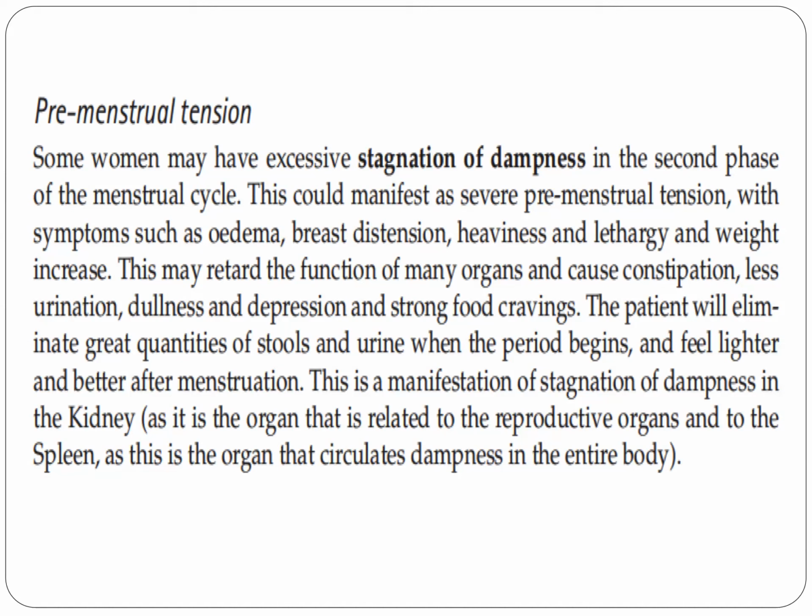Okay? The patient will eliminate great quantities, marami, of stools and urine when the period begins and feel lighter and better after menstruation. Okay. This is a manifestation of stagnation of dampness in the kidney, as it is the organ that is related to the reproductive organs, and to the spleen, as this is the organ that circulates dampness in the entire body.